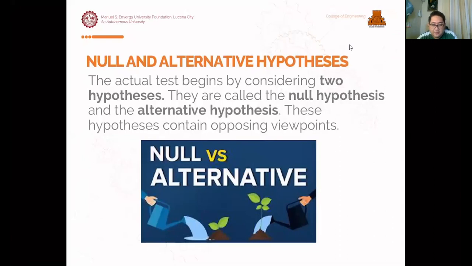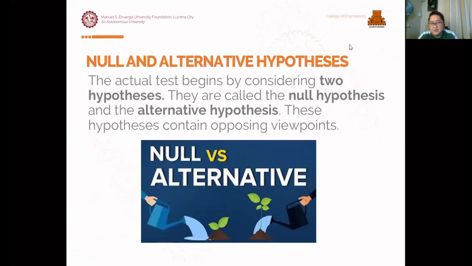So, kapag meron tayong claim, so ano yung claim na tinatawag natin? So halimbawa, for example, sa out of all the first year engineering student, halimbawa, kinlaim natin na 80% of that population are male, no? So yun yung claim natin. 80% daw ng population ng first year engineering student is male.